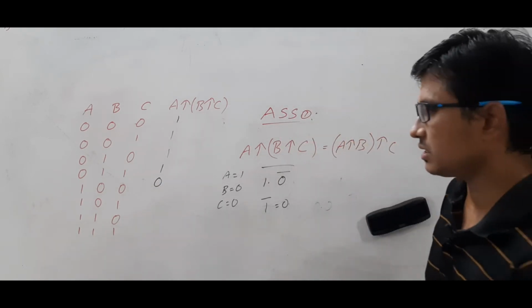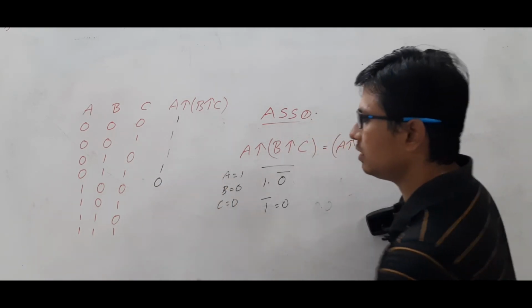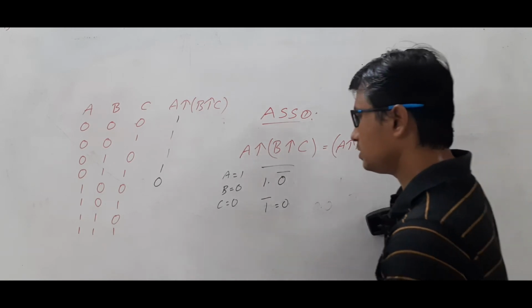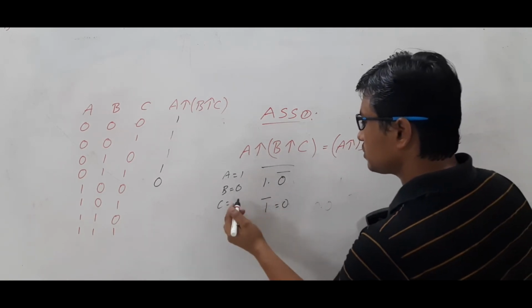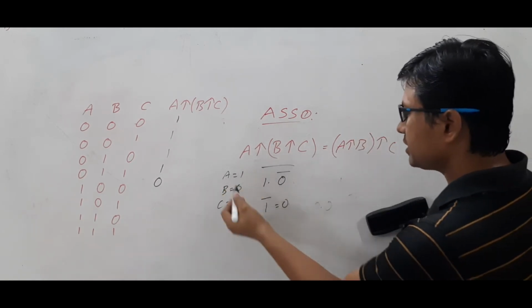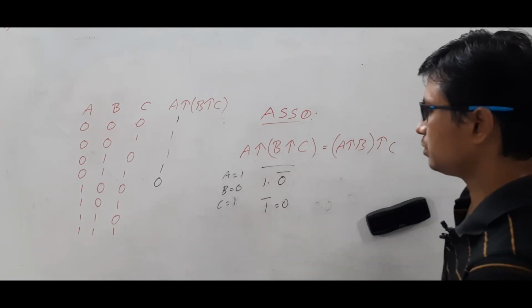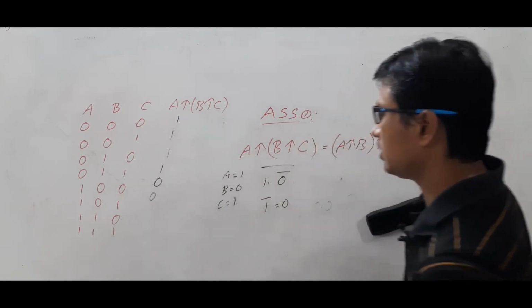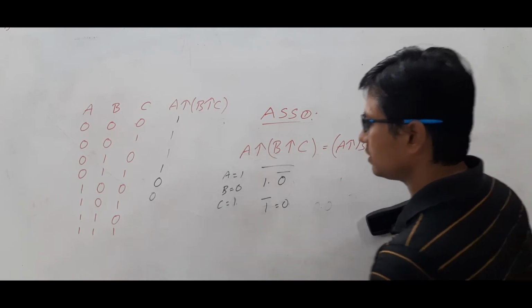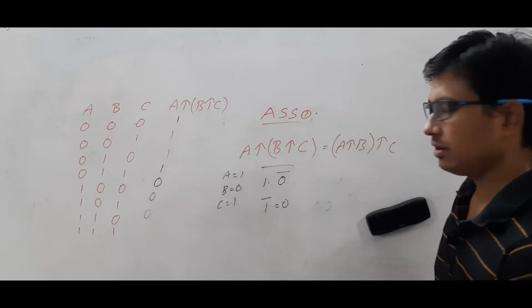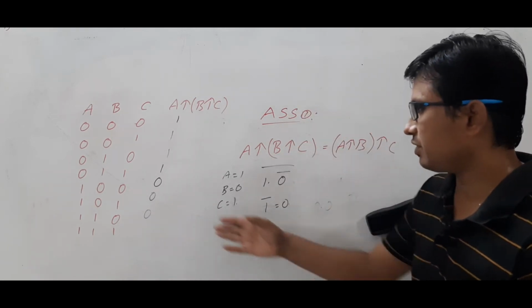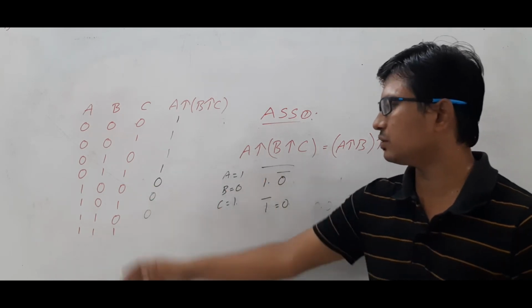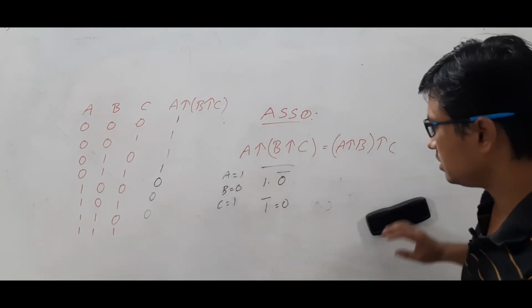Are you able to understand? Similarly, let's say the C value is 1 now. Again it will be the same only, obviously. So again it will be 0. Now this value will also be 0. Are you understanding it or not? You can substitute the values and verify whether it is true or false.